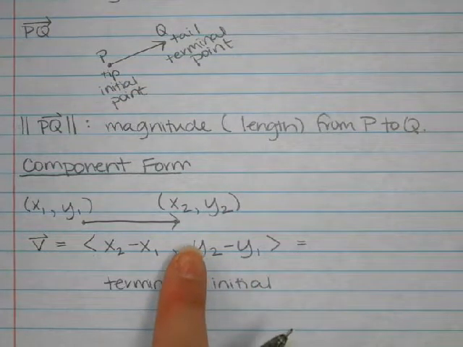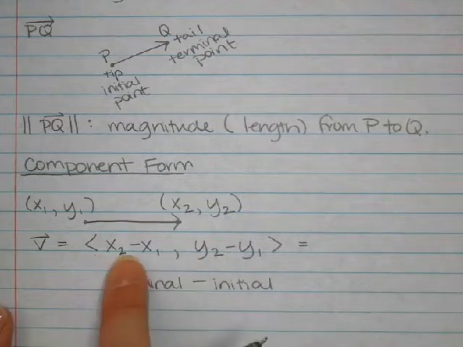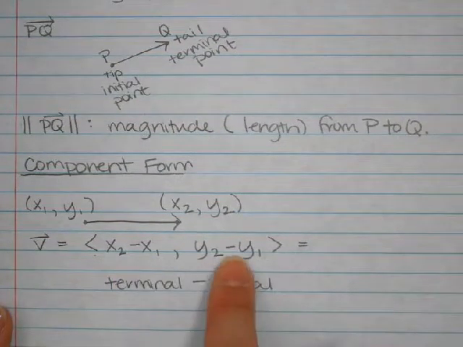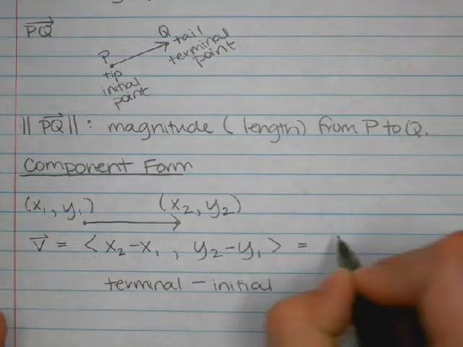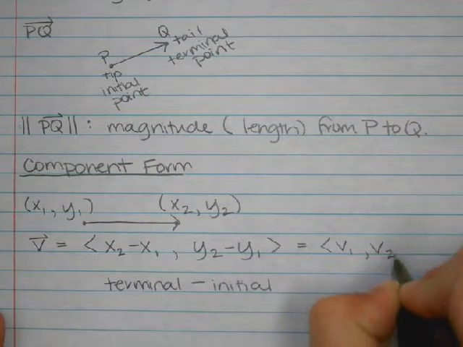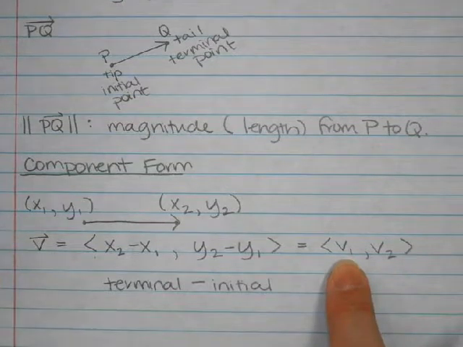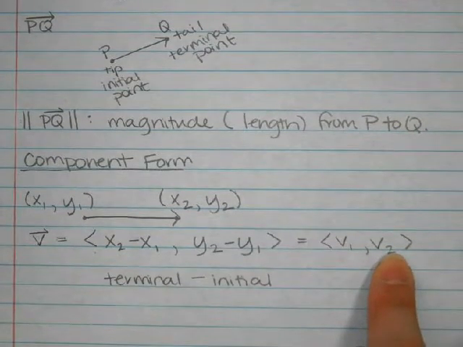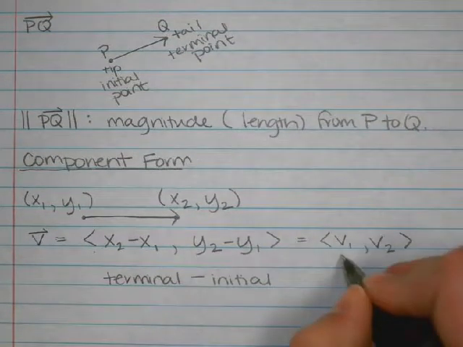All right, and it's going to kind of look like it's written as an x coordinate and a y coordinate, but it's not. It's written as the difference in the x's and the difference in the y's, which means that when we get our resulting vector, we have v1 in the first position, which is considered the horizontal component of the vector, and v2, which is considered the vertical component of the vector.